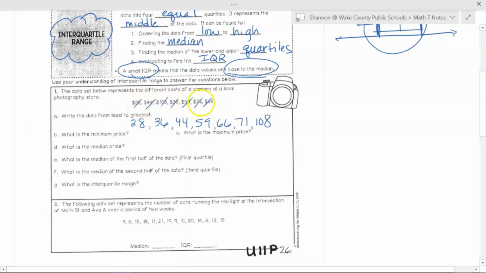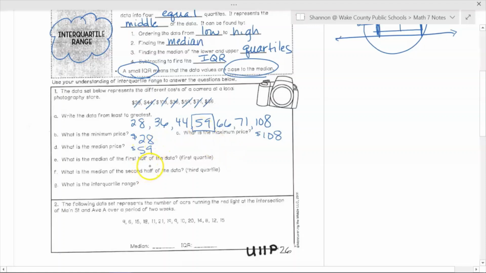One, two, three, four, five, six, seven. Okay. Our minimum price was 28, and our maximum price was 108. The median is the middle number, so that would be 59.